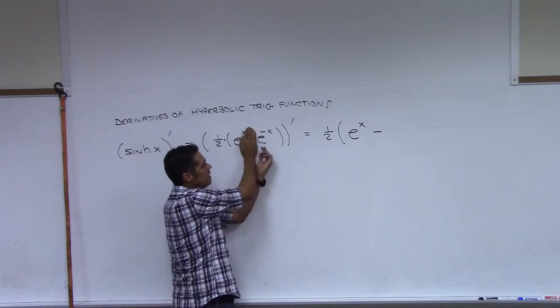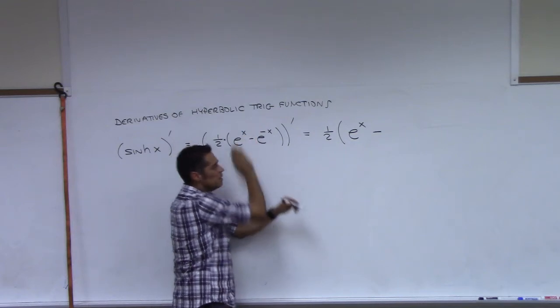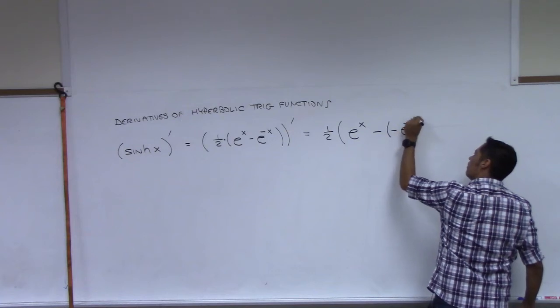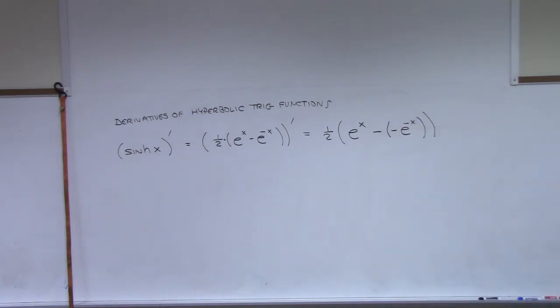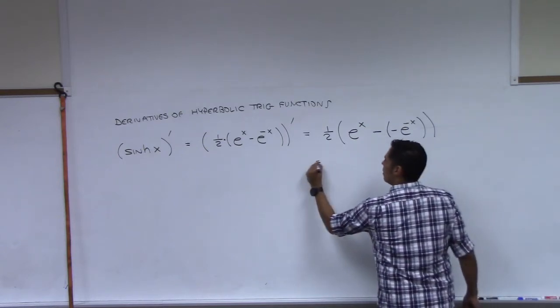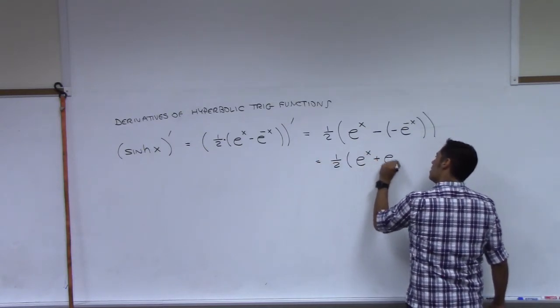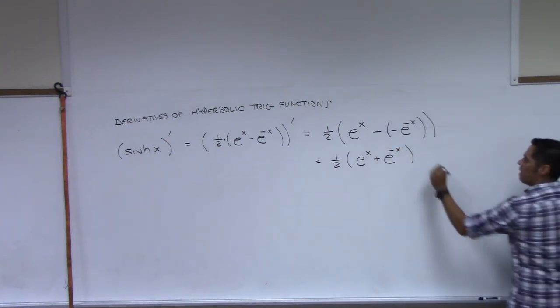So the derivative of e to the negative x is itself, but then times -1, which is where you get negative e to the negative x. And that minus minus becomes plus. So you get 1/2 e to the x plus e to the negative x. And do you recognize that? That's cosine hyperbolic.